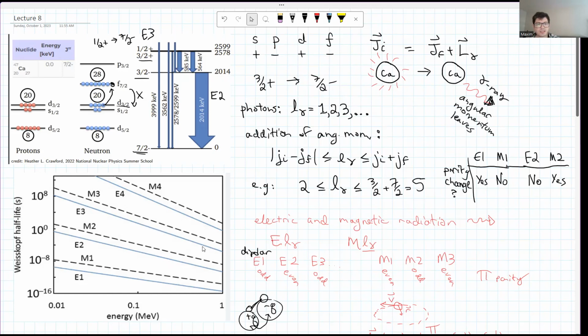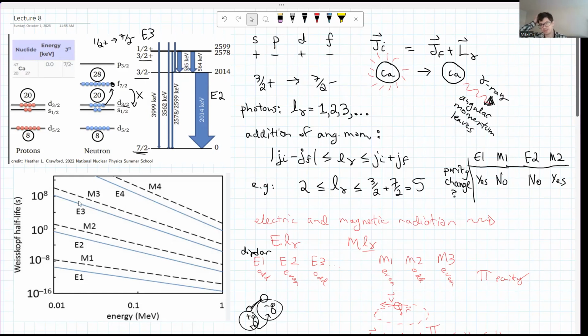And of course, it depends on the energy of the transition. The higher the energy is, the more likely it is to happen, because the very high excited states, of course, decay faster. But nevertheless, it's going to be more difficult for that kind of transition to occur.